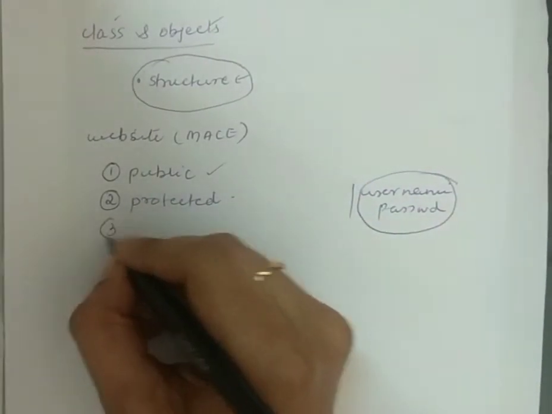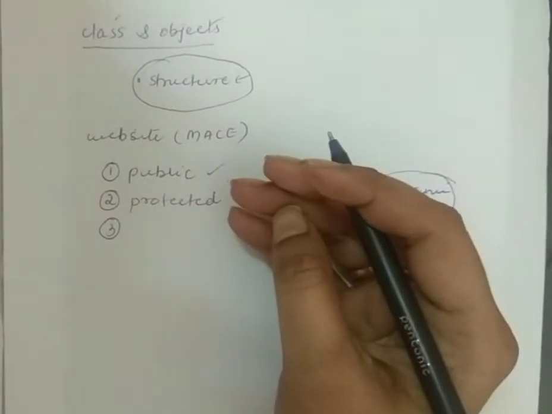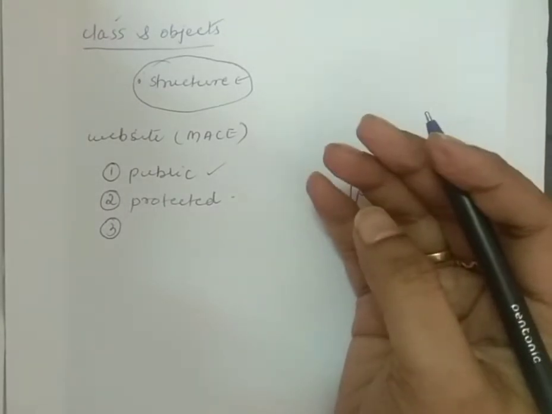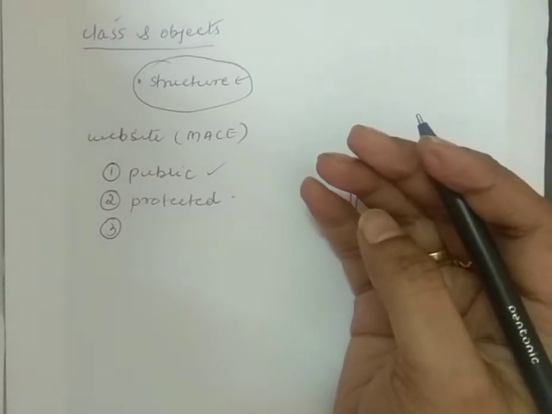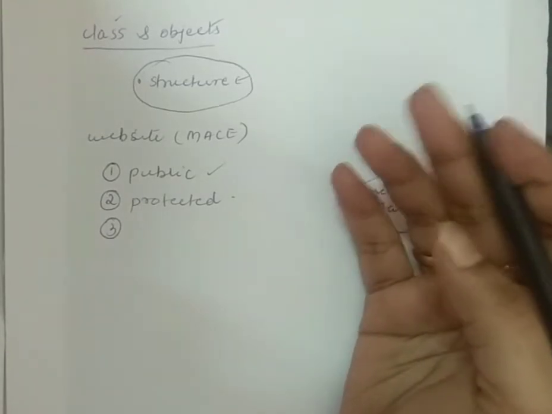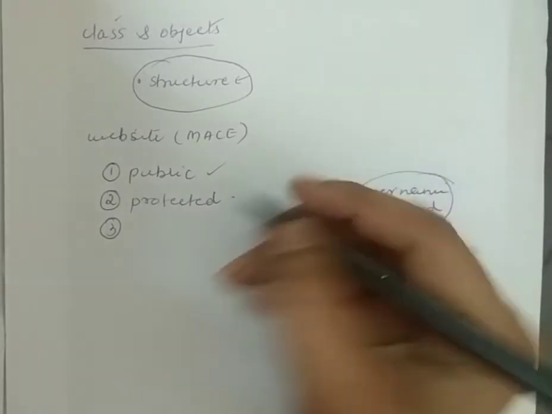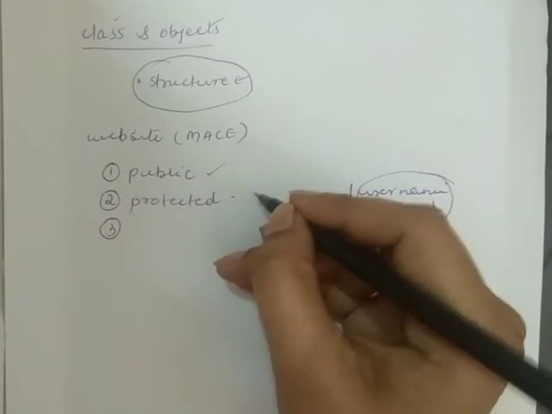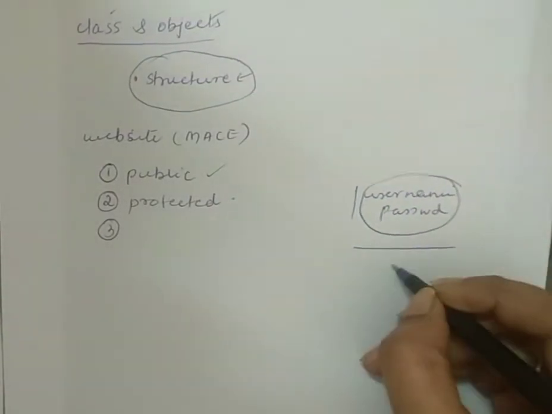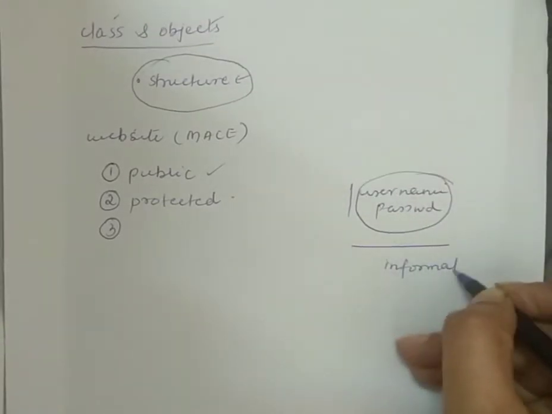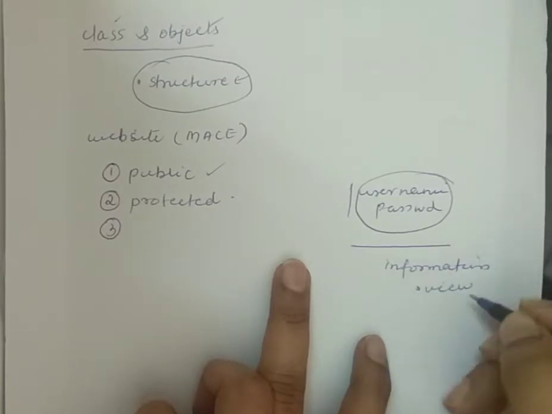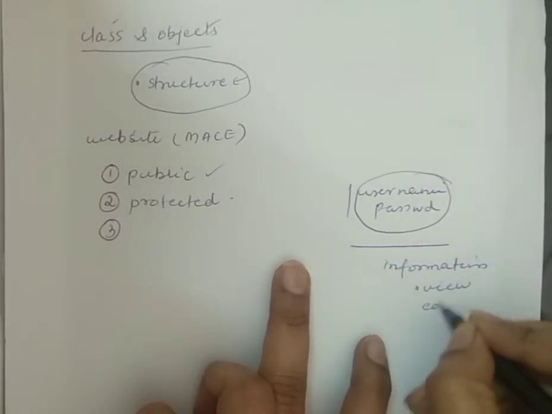The third one is, when you are inside your portal, you can see your marks of each subject, or the attendance of each subject, or maybe the marks of the assignments. You can view that, but you are not able to edit it.